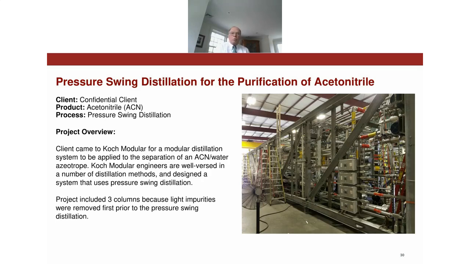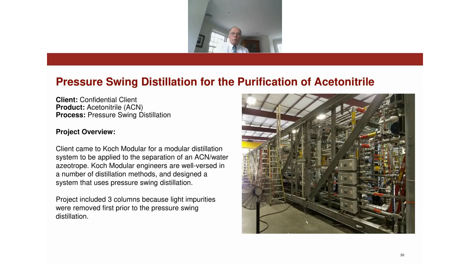The balance was mostly water, but there were some low boiling impurities and some higher boiling impurities in this feed. And so we designed and built a 3-column system. It took 3 columns to generate a product that satisfied the customer's requirements.